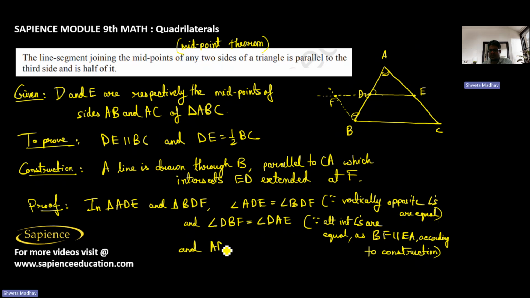And AD is equal to BD, since it is given that D is the midpoint of AB.